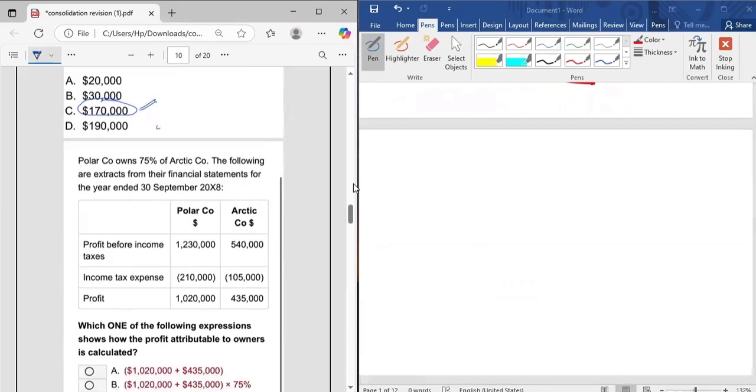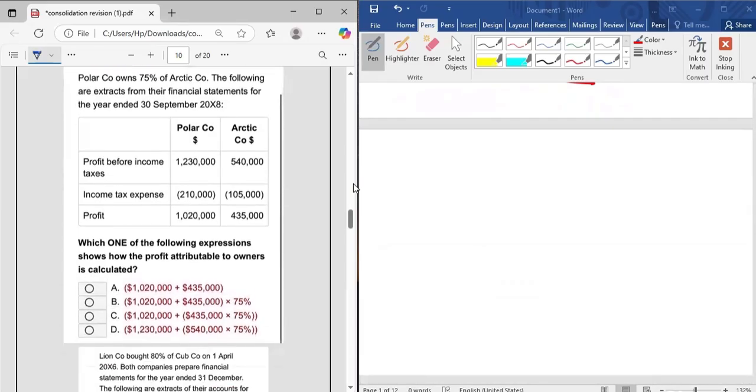Our next question. Polar Company owns 75% of Arctic Company. The following are extracts from their financial statements for the year ended 30 September 20x8. So let's first read the requirement. Which one of the following expressions shows us how profit attributable to owners is calculated?